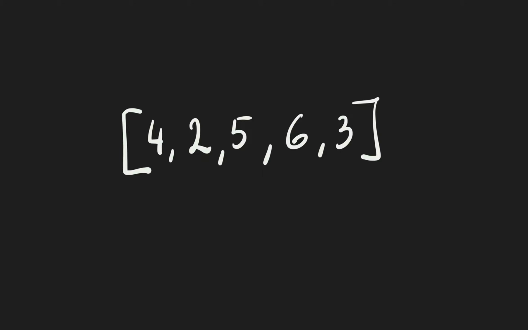So let's say that we have this unsorted array and we need to sort it in ascending order, so from smaller number to bigger one. So what we'll do is we will first have a pivot.